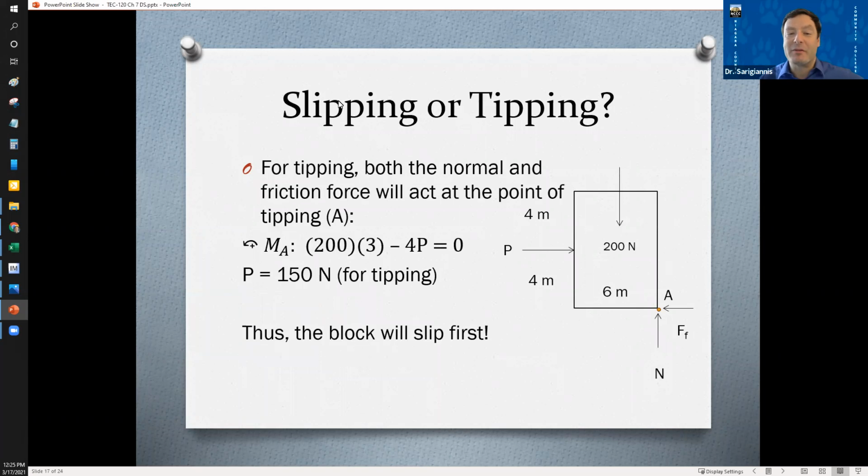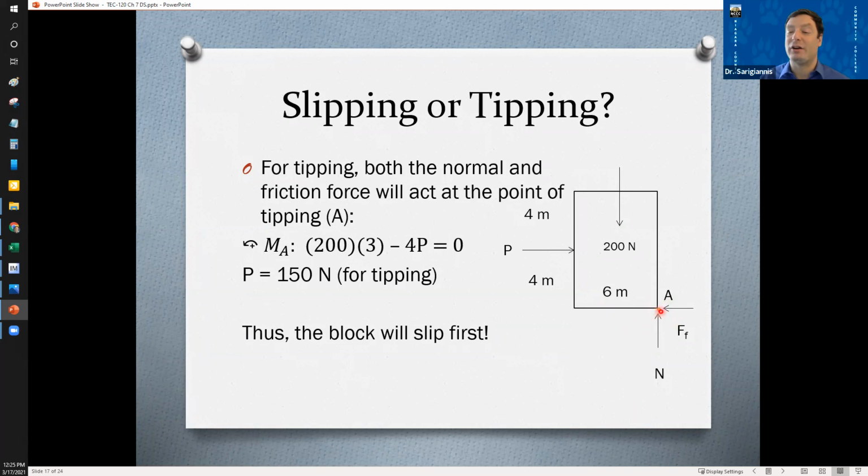Now, tipping. Tipping is, the analysis is what force is going to cause tipping. Both the normal and the friction force are going to be acting at the tipping point here, right? Again, these forces you can translate along to any of these directions, these points.